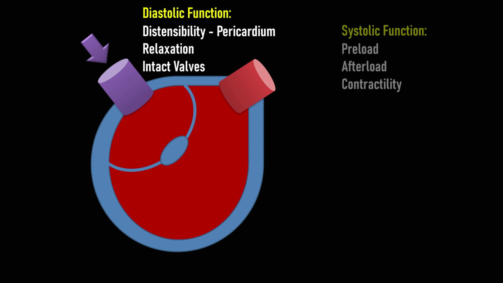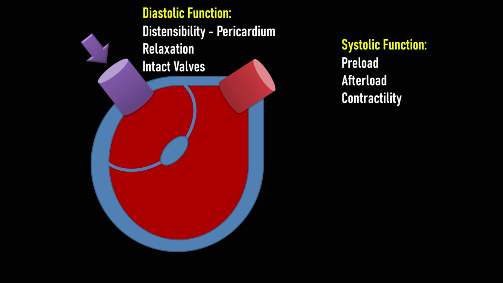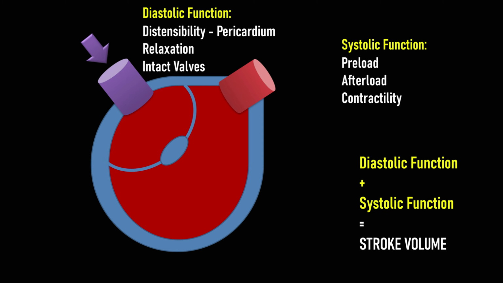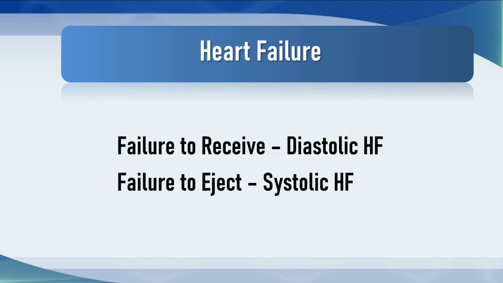Systolic function is about preload, afterload, and contractility. In order to eject a stroke volume, you have to have reasonably good diastolic function to receive the blood and good systolic function to eject the blood. So failure to receive is diastolic heart failure and failure to eject is systolic heart failure.